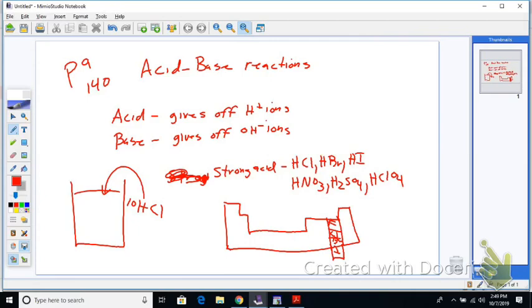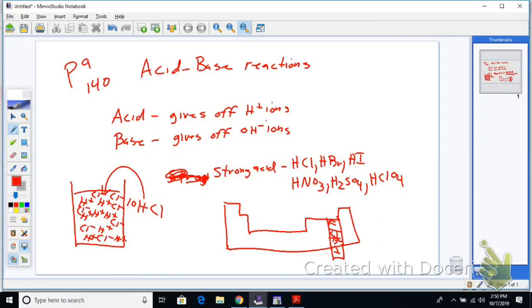They're all going to be broken apart. 100% dissociation is what we call it. I'm not going to write them all in here, but they're all going to be broken apart. That's what makes a strong acid.